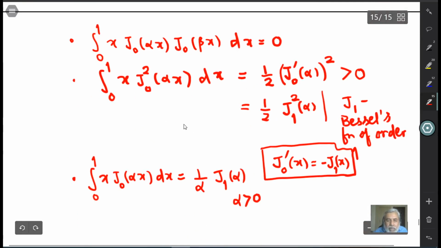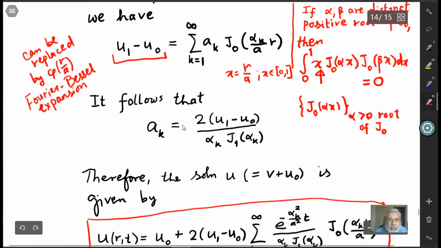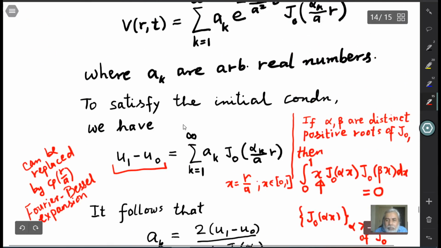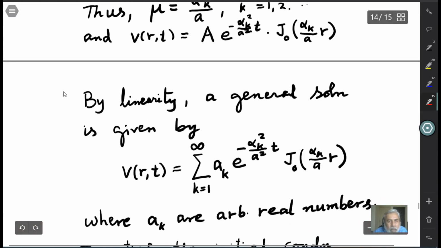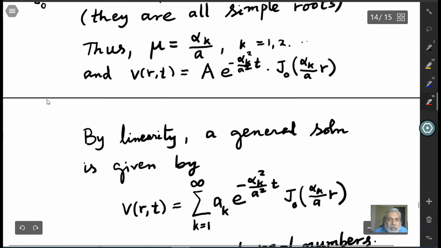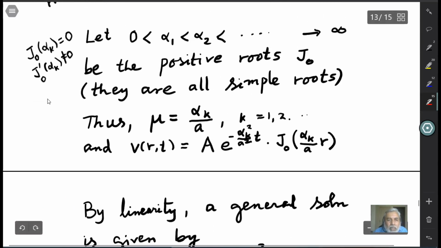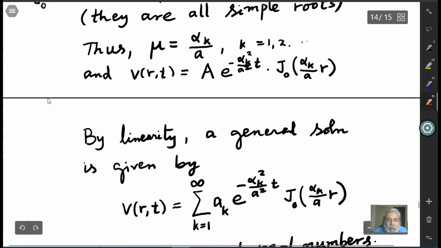They are important relations, and we also need this knowledge of Bessel functions in some other situations during this course. We will also give some similar problems in the assignments so that you can work them out.